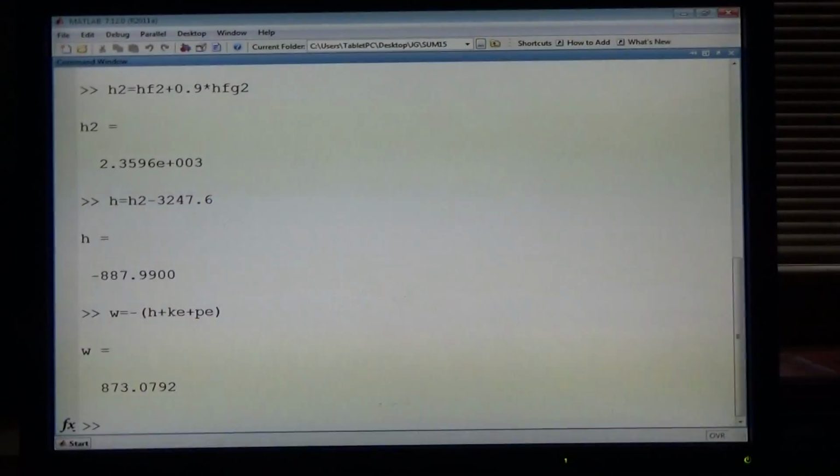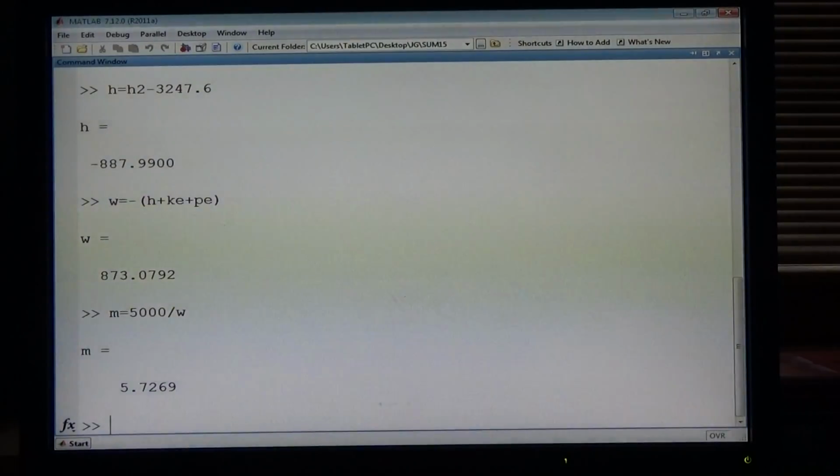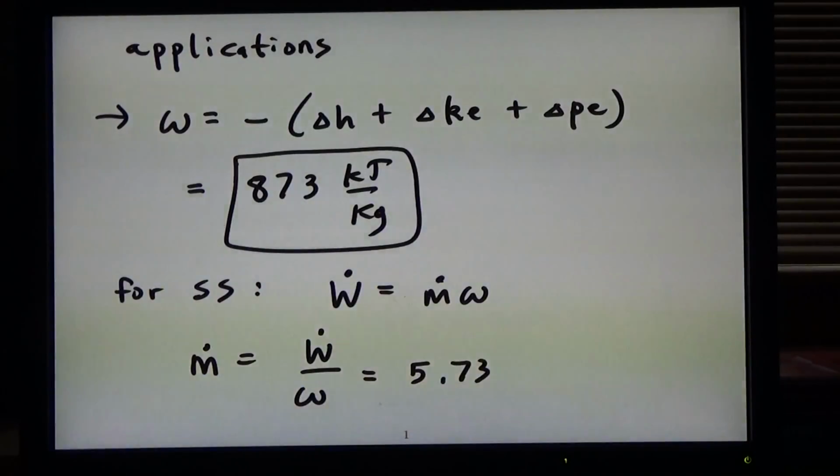That means our mass flow rate is just the power, which was 5,000 kilowatt. We want to make sure that we're using kilowatt, not the megawatt number, because our work per unit mass is in kilojoule per kilogram. Divide that by the work per unit mass, and we get the mass flow rate is 5.73 kilograms per second.